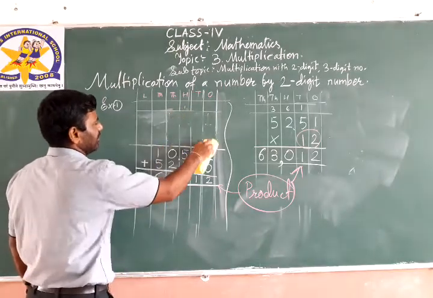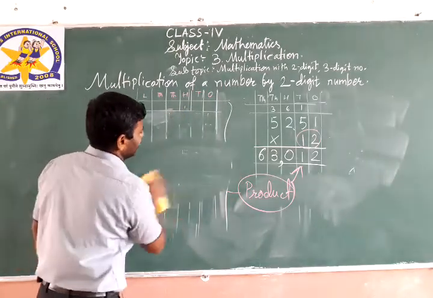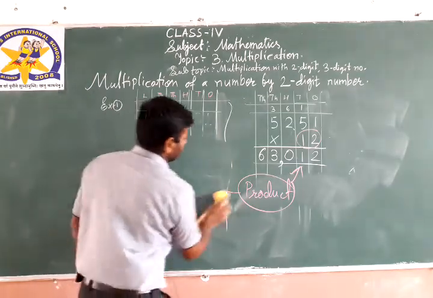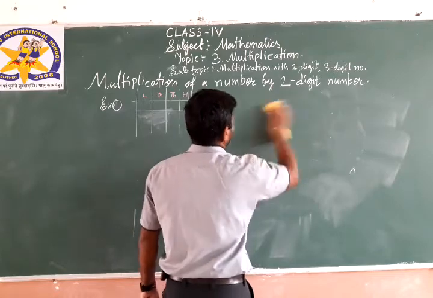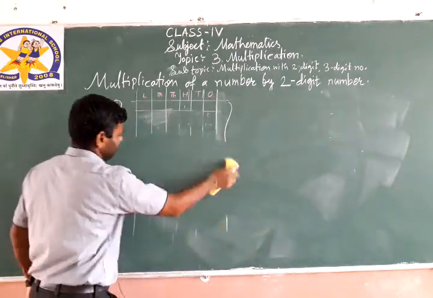Okay, multiplication with a 3-digit number. This is also the same. One by one you will have to multiply, or else you can write the table.